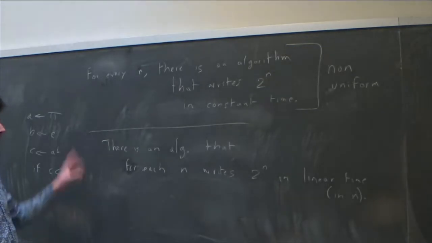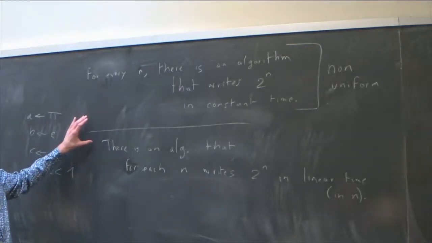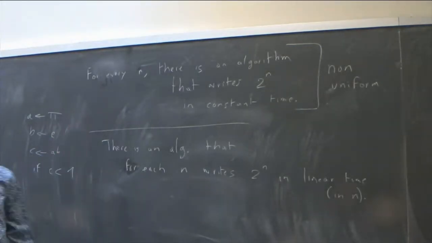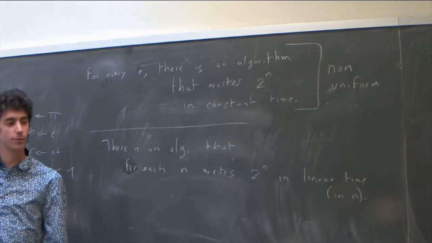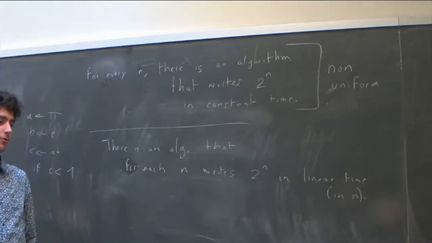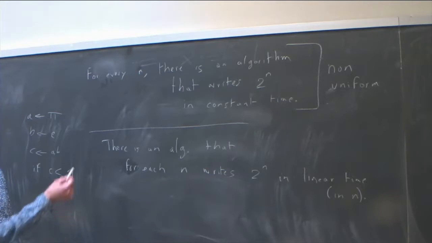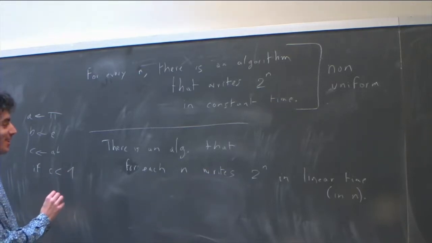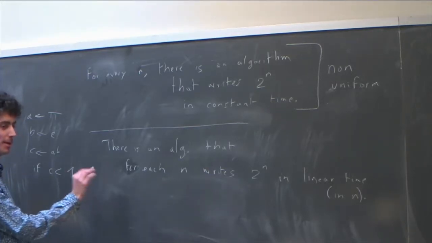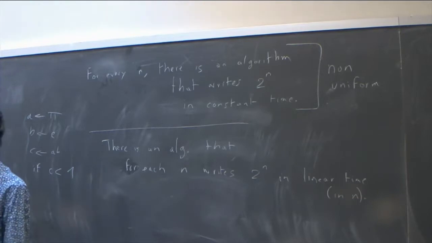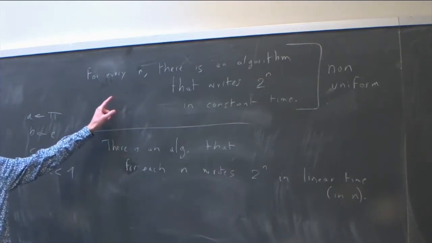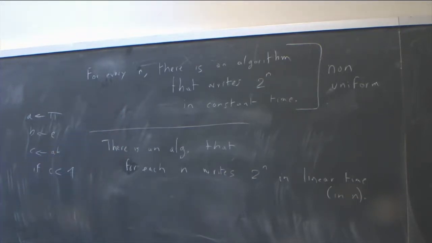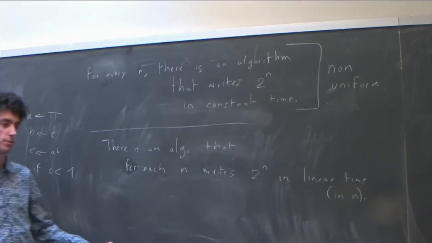And here it looks completely trivial, but when you start doing things here and all those crazy things about real numbers, you can easily lose track of where the quantifiers are and what is uniform, what is not. But at the end of the day, those results are like this. They're saying we can write 2 to the n in constant time. But that's not what we're really interested in.